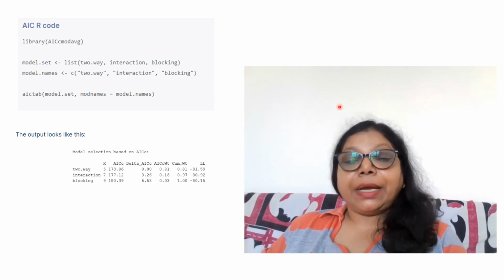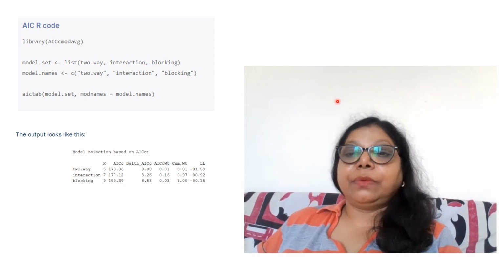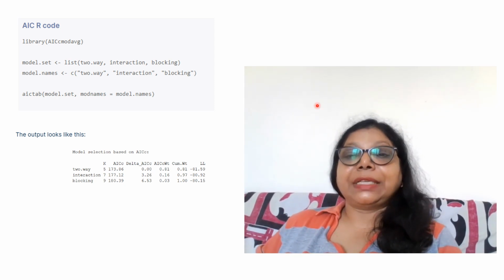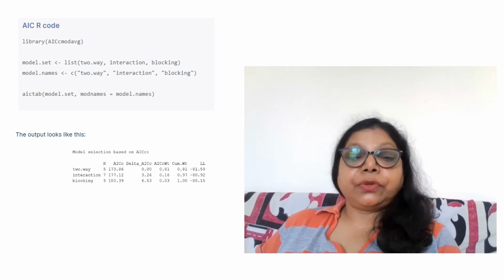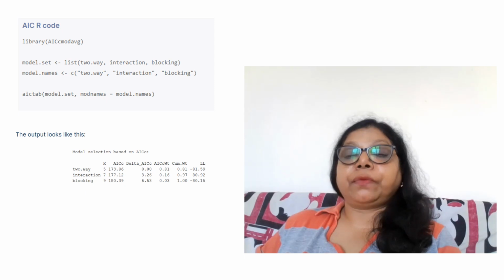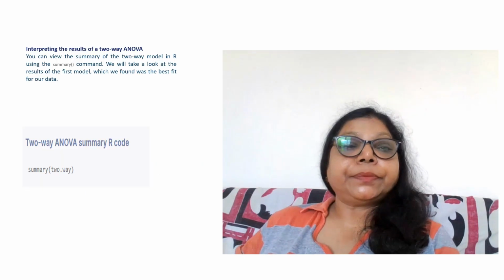Here you can see the AIC model with the best fit will be listed first, with the second best listed next, and so on. This comparison reveals that the two-way ANOVA without any interaction or blocking effect is the best fit for the data.